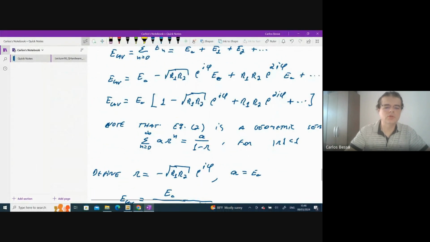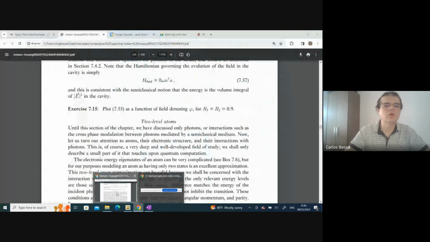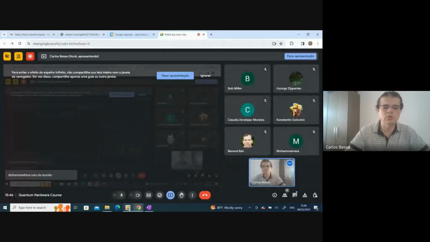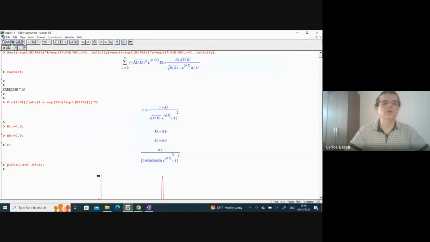Let me show here, sorry, because I'm with this software open. This is one of these softwares from algebraic mathematics. So we can see, like I put here, this expression. Let me restart.